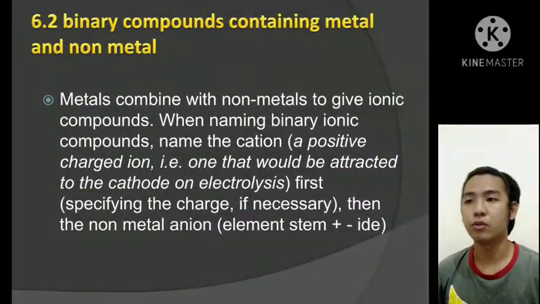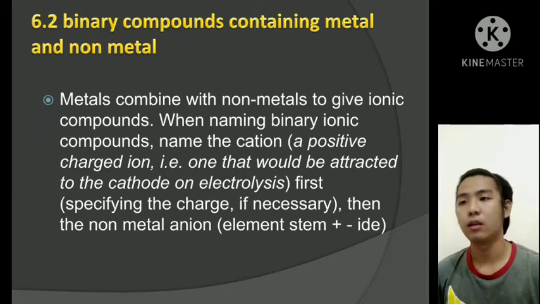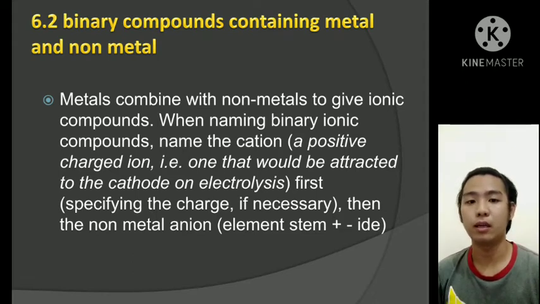So, 6.2 binary compounds containing metal and nonmetal. In binary compounds, there are metal and nonmetal components. Metals combine with nonmetals to give ionic compounds.